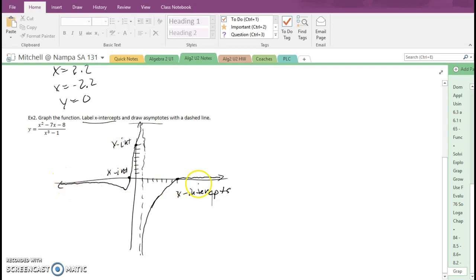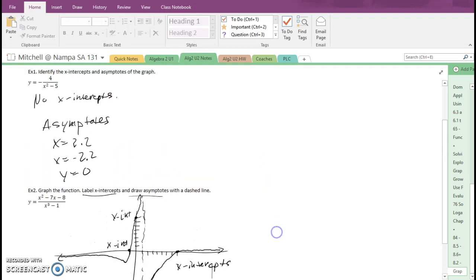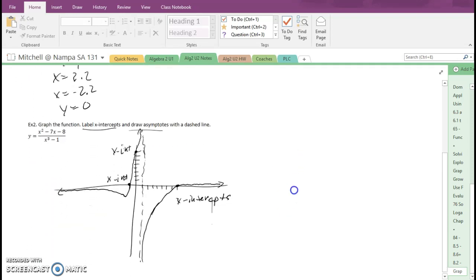There is kind of an asymptote right here, but it does pass through it. So by definition, it is an asymptote, but we're not going to talk about that right now. It can pass through it sometimes. There's ways to break rules, and there's a reason why that rule is broken, but I don't want to talk about that right now. So hopefully that's all we're looking for today, is just using Desmos to read these graphs.